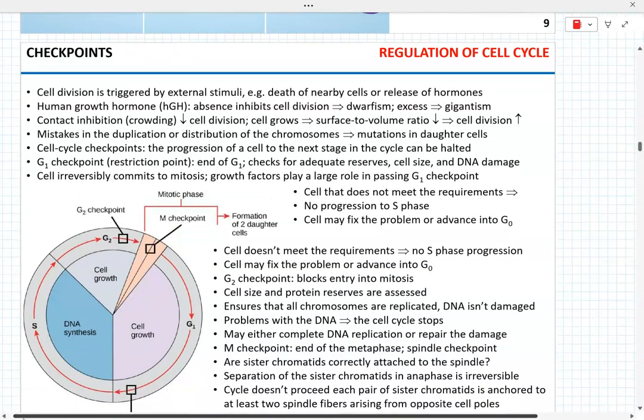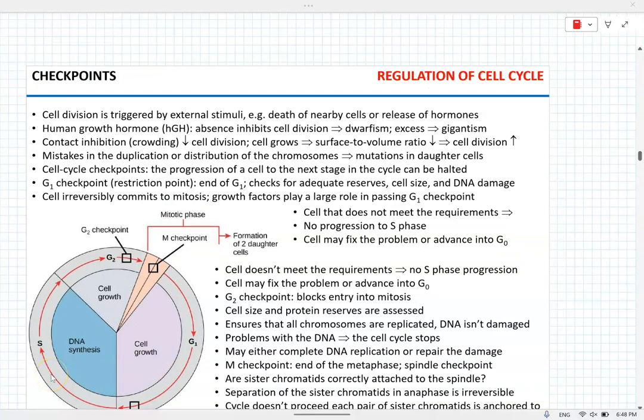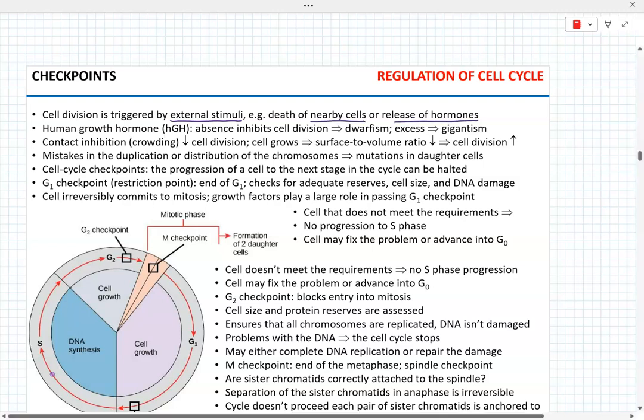Now, we mentioned that cell cycle is very well regulated. Cell division can be triggered by a variety of external stimuli, such as death of the cells nearby, hormonal release. For instance, human growth hormone results in the stimulation of cell division, and its absence inhibits cell division, resulting in dwarfism.